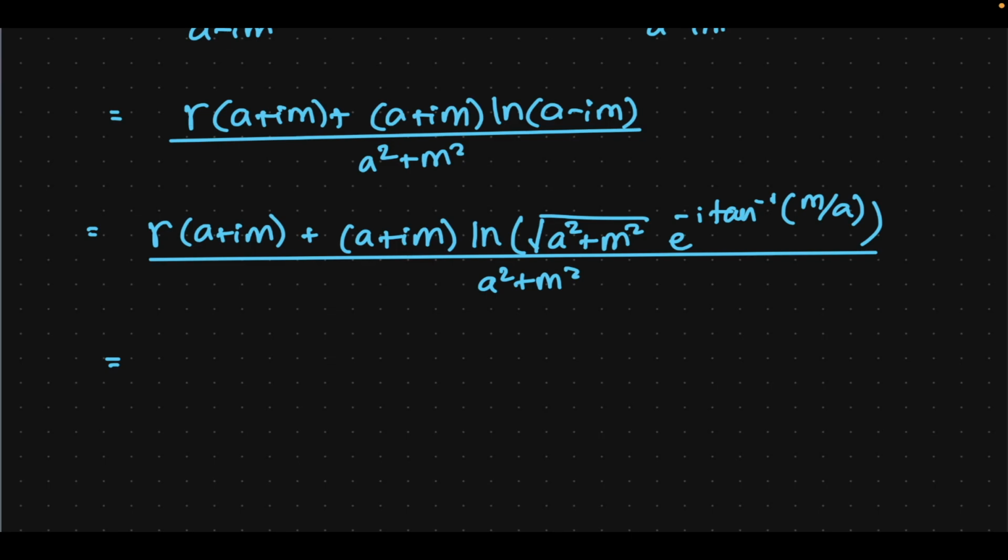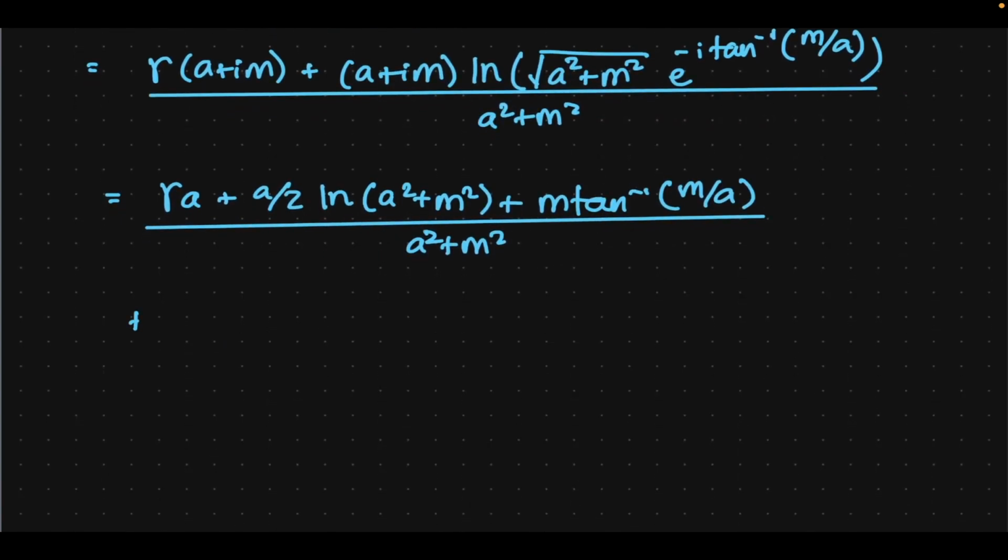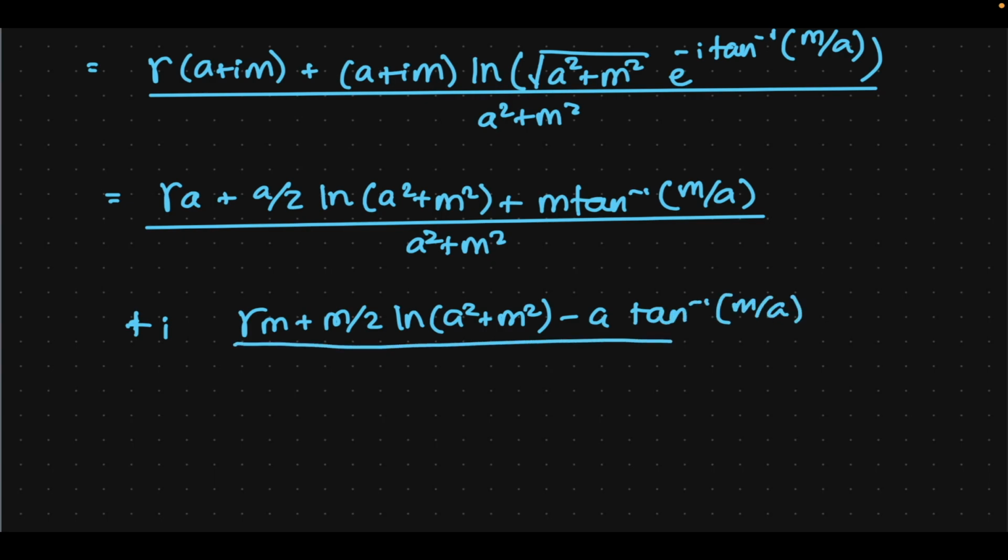With this, we can factorize really nicely. The real part is going to be Euler-Mascheroni times a, plus a by 2 natural log of a squared plus m squared, plus m times the inverse tangent of m by a, all divided by a squared plus m squared, plus i times all of this: Euler-Mascheroni times m, plus m by 2 natural log of a squared plus m squared, minus a inverse tangent of m by a, divided by a squared plus m squared.